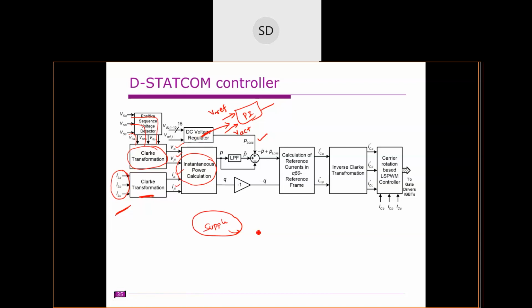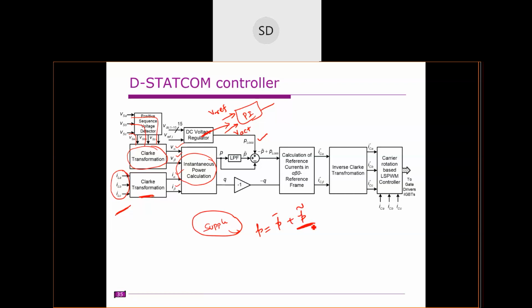The next step is we need to extract from this P. It consists of P DC and P AC. We need to extract this high frequency component.